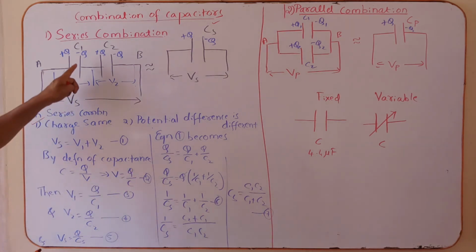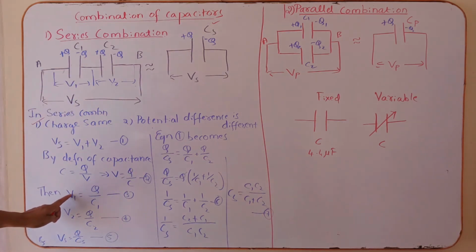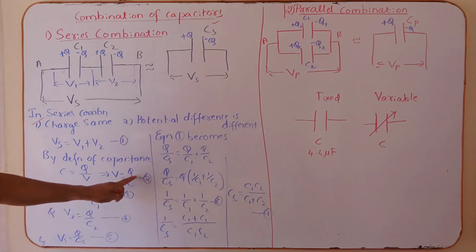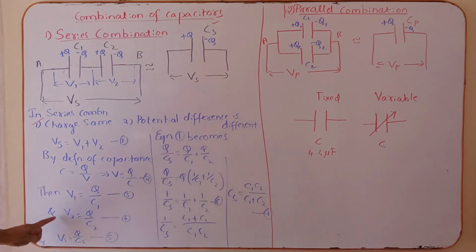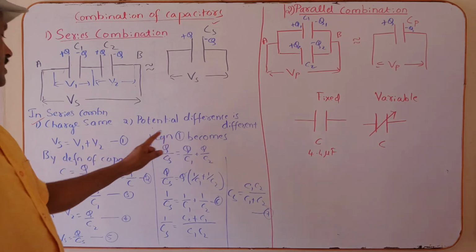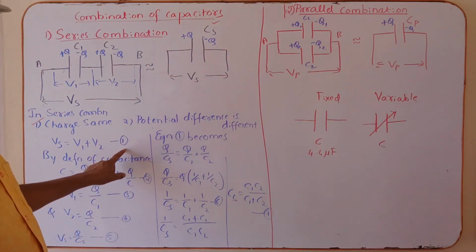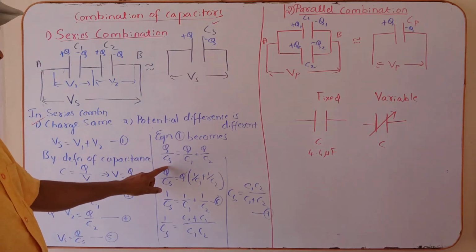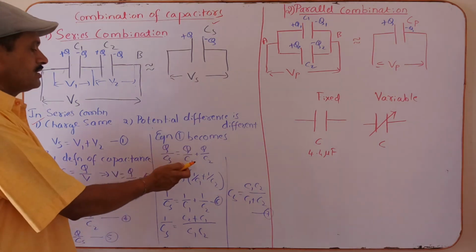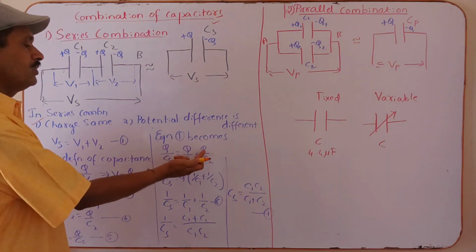Then potential difference across C1, you got V1 is equal to Q by C1. Q is same. Then potential difference across C2 is V2 is equal to Q by C2, equation number 4. Then potential difference across series combination is equal to Q divided by CS. Then equation 1 becomes, ಇದನ್ನು ತಗೊಳ್ಳಿ, VS substitute ಮಾಡಿ Q by CS, V1 substitute ಮಾಡಿ Q by C1, V2 substitute ಮಾಡಿ Q by C2.